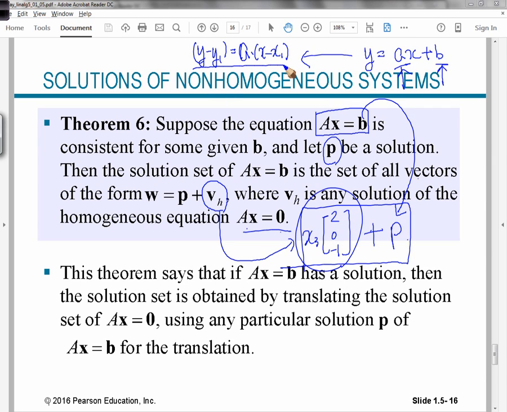You know the meaning of this, right? It tells us the slope of this line is a, and the additional information is that this line passes through (x1, y1), right?